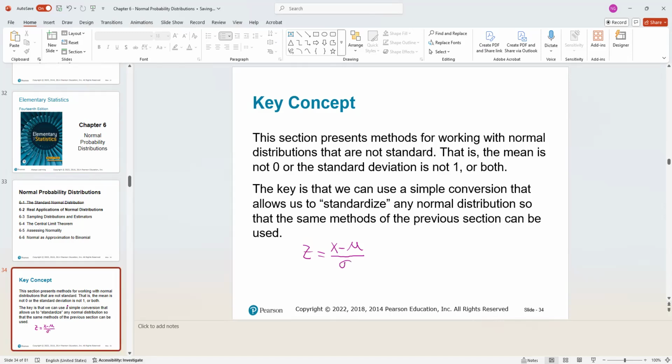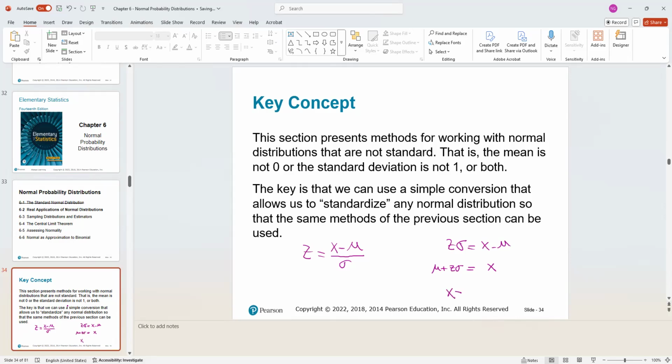The same way, if you want to know x once you know a certain probability, you solve for z. Remember you can multiply both sides by sigma, so you have z sigma equal x minus the mean. If you add the mean to both sides, you can also solve for x.